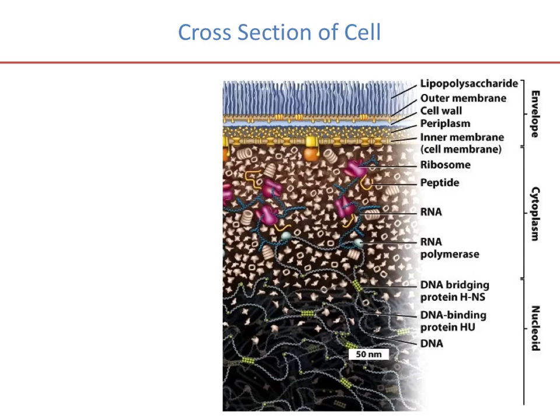So here I'm showing you the cross-section of a cell, and this particular cell is a gram-negative E. coli. And let me write that down for you. It's a gram-negative E. coli.